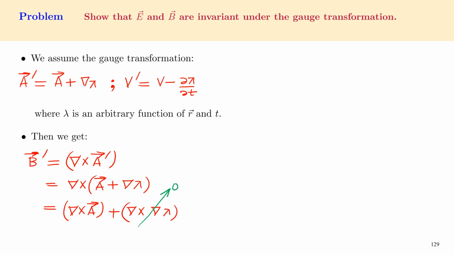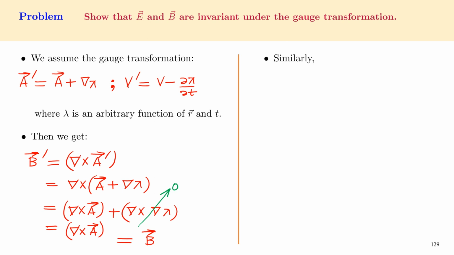This term becomes 0, resulting in only del cross A, which is B, the magnetic flux density. So we have found that when we use the new potentials A prime and V prime, that in a sense leaves the magnetic flux density unchanged.